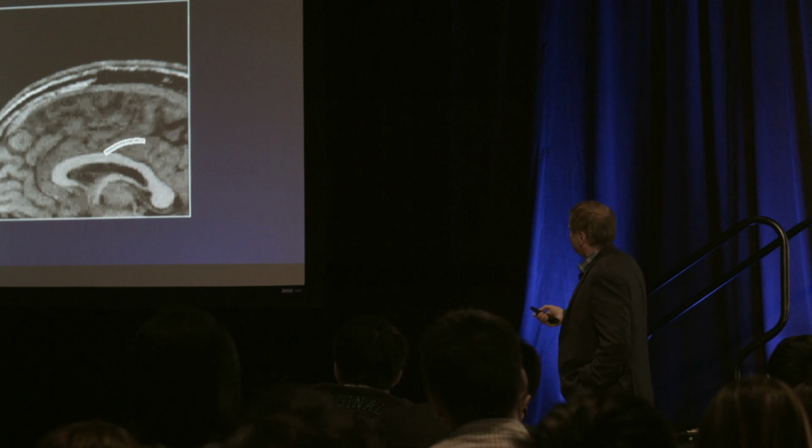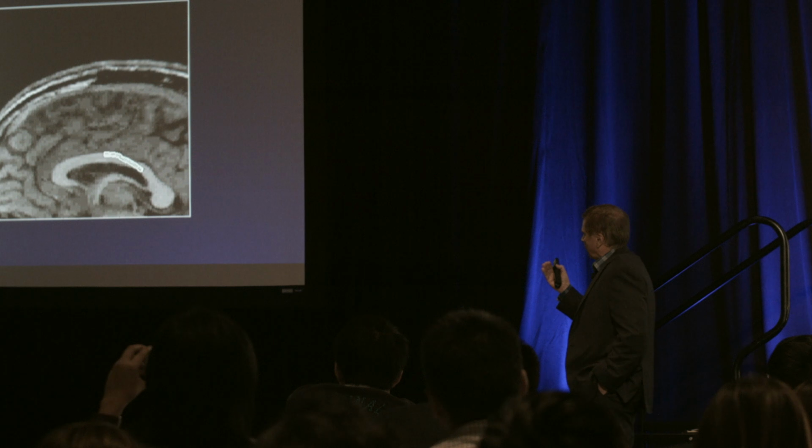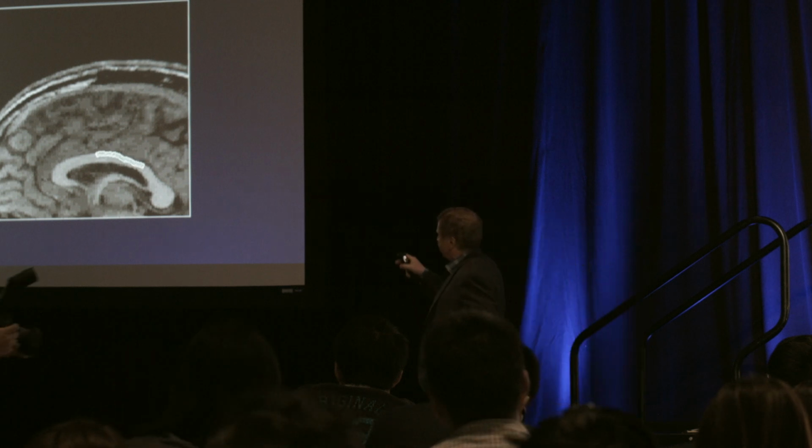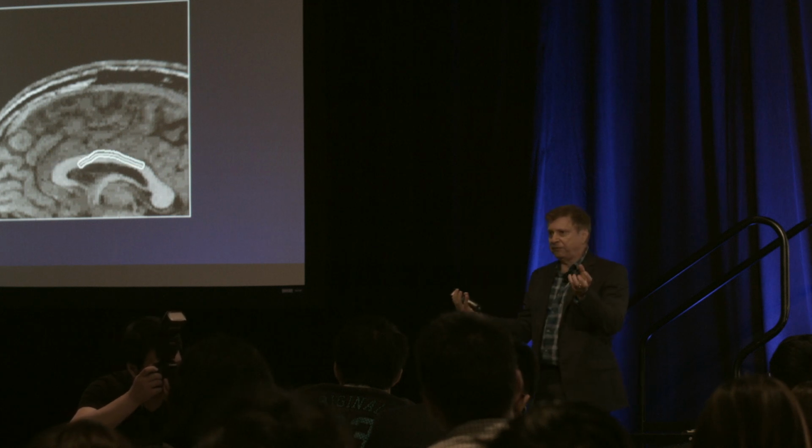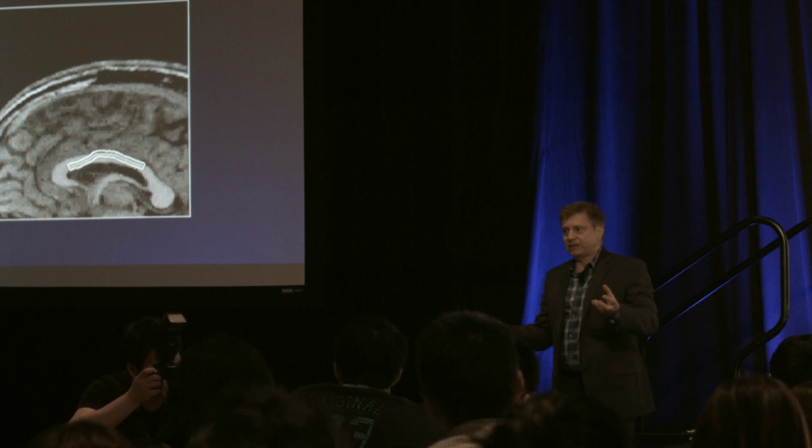And here it is, it's running. And you can see it's like a little organism. It goes into the image and discovers where the region of interest is, and then it grows itself into that region of interest.